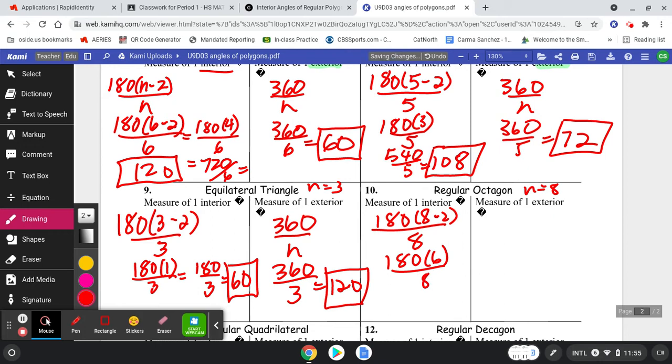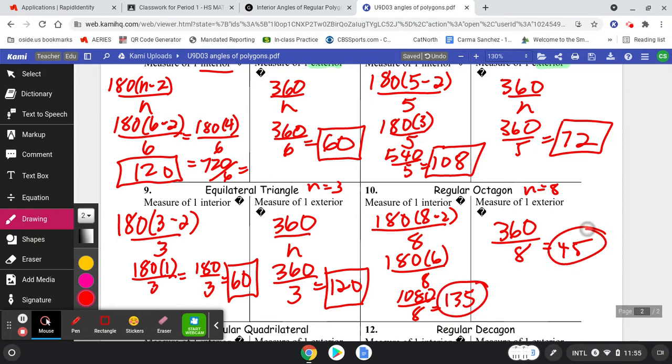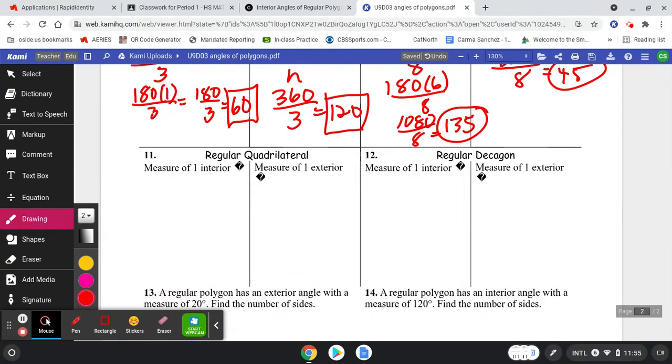And so 180 times 6 is 1080 divided by 8, and that equals 135. I can already subtract from 180 and see what the other thing's going to be, but let's go do the work. 360 divided by 8 is just 45. Do you see how 135 plus 45 is supplementary? It equals 180.